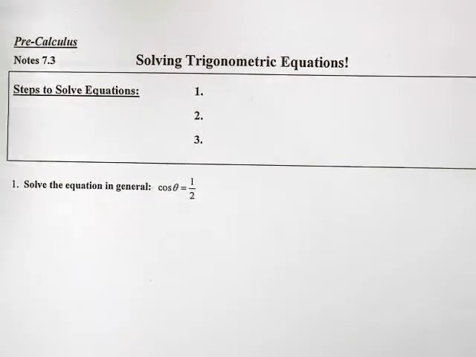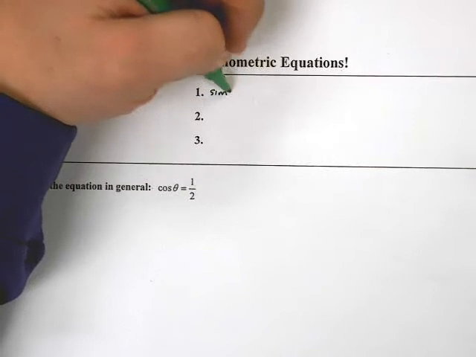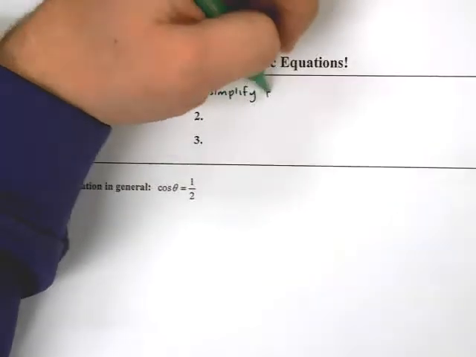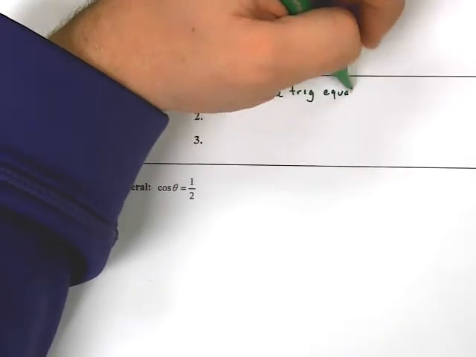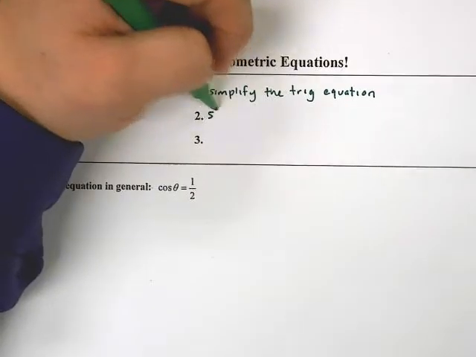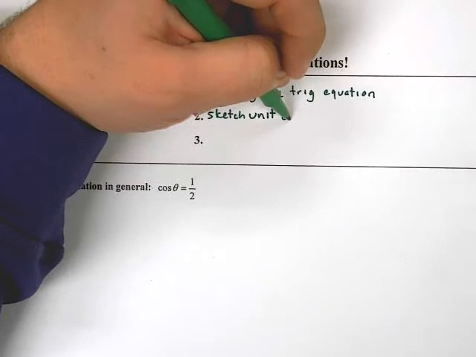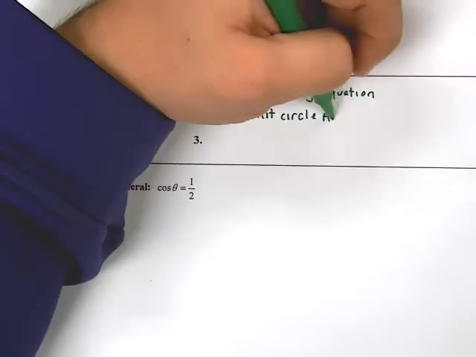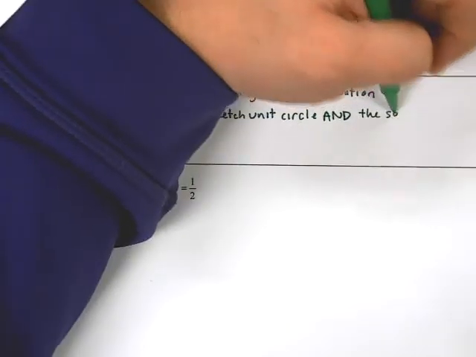So to solve these, the first thing you have to do is simplify the trig equation. That's number one. Two, sketch the unit circle and the solutions.